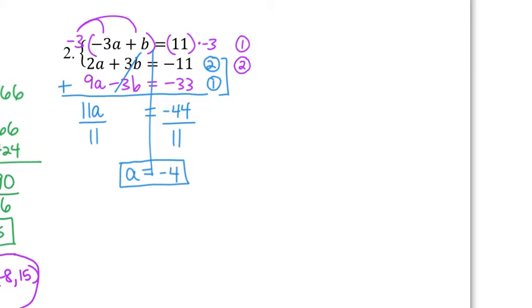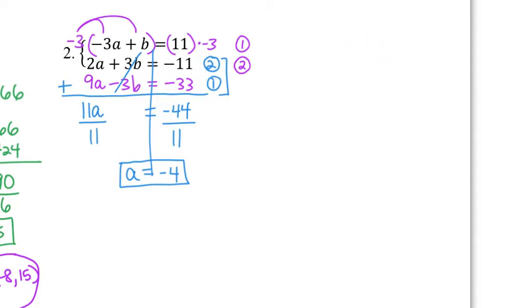Also, this one was set up nicely for elimination. You could have taken this top equation and solved for b: added 3a to both sides to get b equals 3a plus 11 and then substituted that for b into equation number 2. You could have done that, but we are solving using elimination.